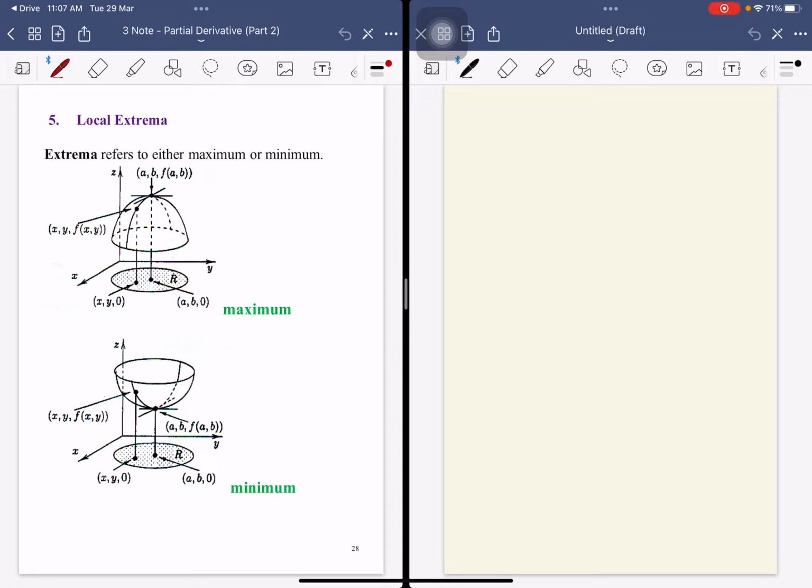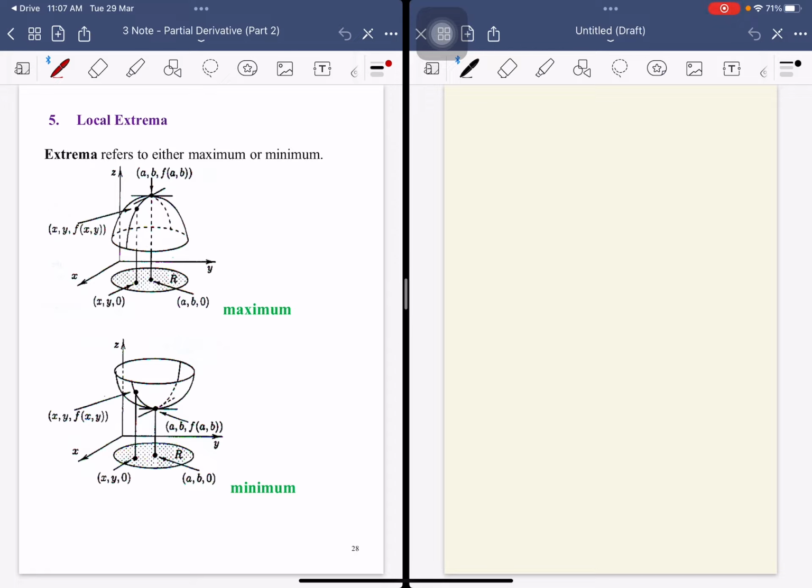Based on this, you need fxx, so fxx is going to be -2. Then fyy that you need is going to be 12y. You also need the mixed higher order derivatives fyx and fxy, but we know that they are the same.